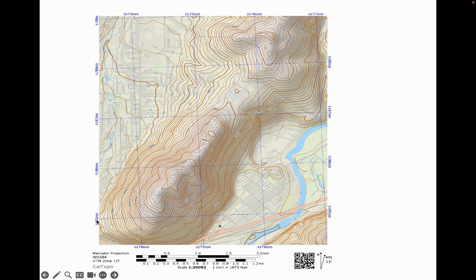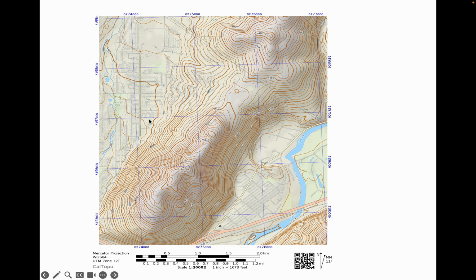And if you look going up in the northern direction, you'll see it's the exact same thing. So this is 5,195,000 meters, aka 5,195 kilometers, 5,196 kilometers, 5,197 kilometers.